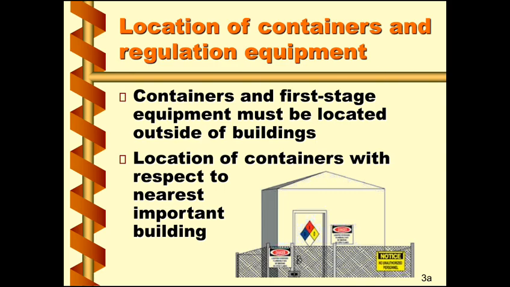And location of containers and regulation equipment. The containers and first stage equipment must be located outside the building. And second, the location of containers with respect to the nearest important building. Big hotels usually have very big kitchens where the requirement of gas cylinders is huge.